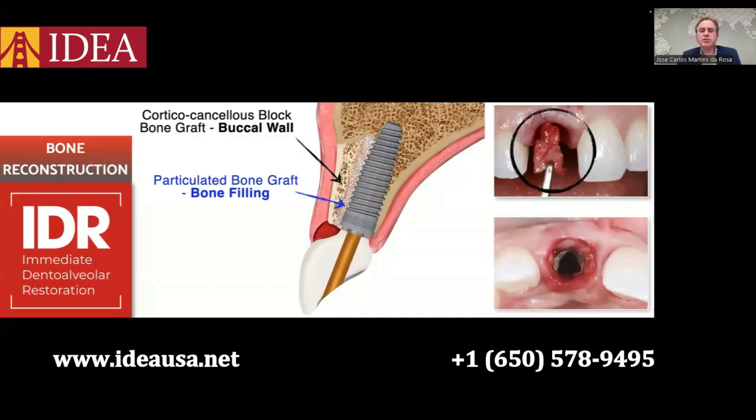And then, how about this concave contour in my provisional restoration at the buccal, mesial, and distal direction? This is what we call a soft tissue gap that is going to be filled in 5 minutes with blood clot, blood that comes mainly from the graft.